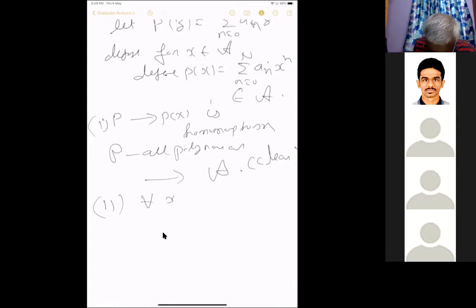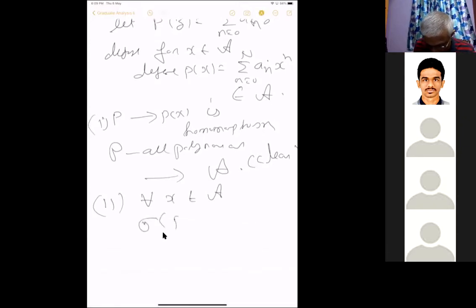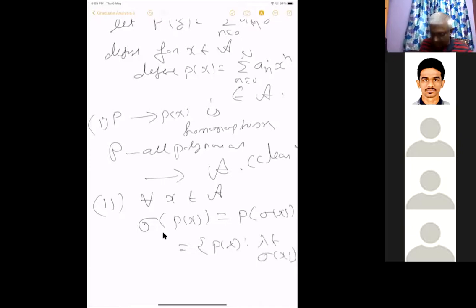So for all x in A, we can consider sigma of p(x). How is it related to sigma of x? It is just p of sigma of x. What is p of sigma of x? You take the values p(lambda) for all lambda in sigma of x.